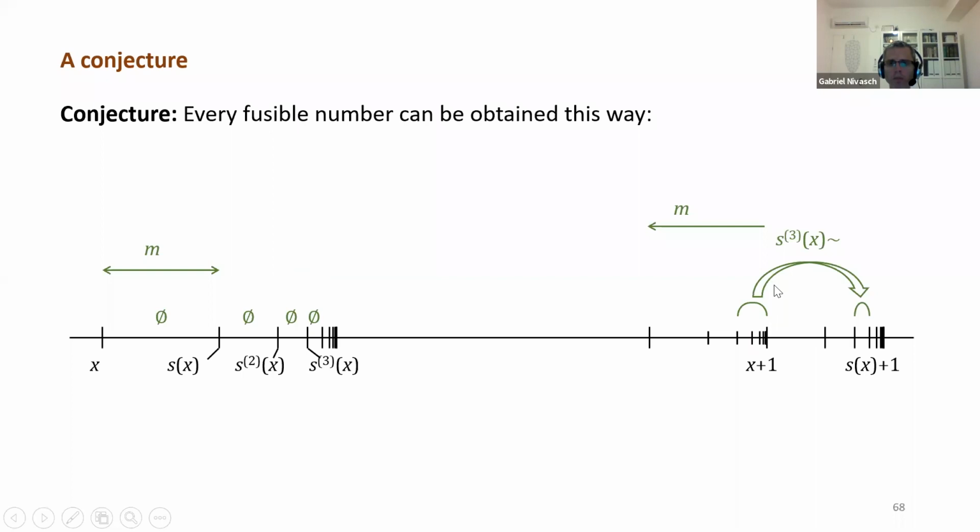Suppose you have already constructed all the fusible numbers up to x plus 1. So you go one distance left, up to x, and you get the next fusible number, and the next, and the next omega fusible numbers, and we know that their distance decreases by a factor of 2 in each step. Then you divide the interval between x plus 1 and going m to the right in this way.